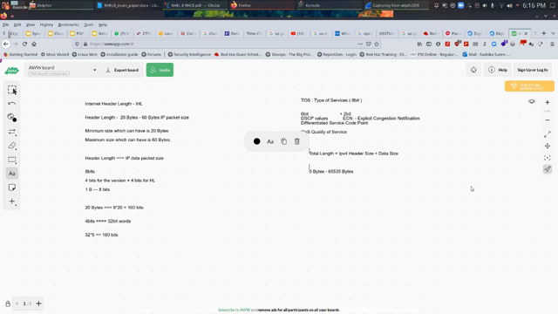So the minimum size to the maximum size is what can be carried by any data packet in any network environment.